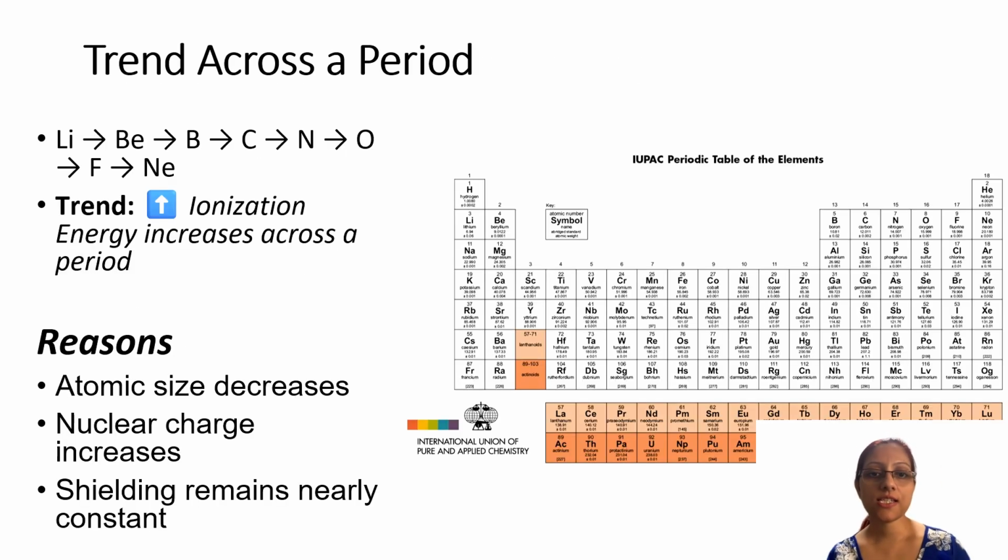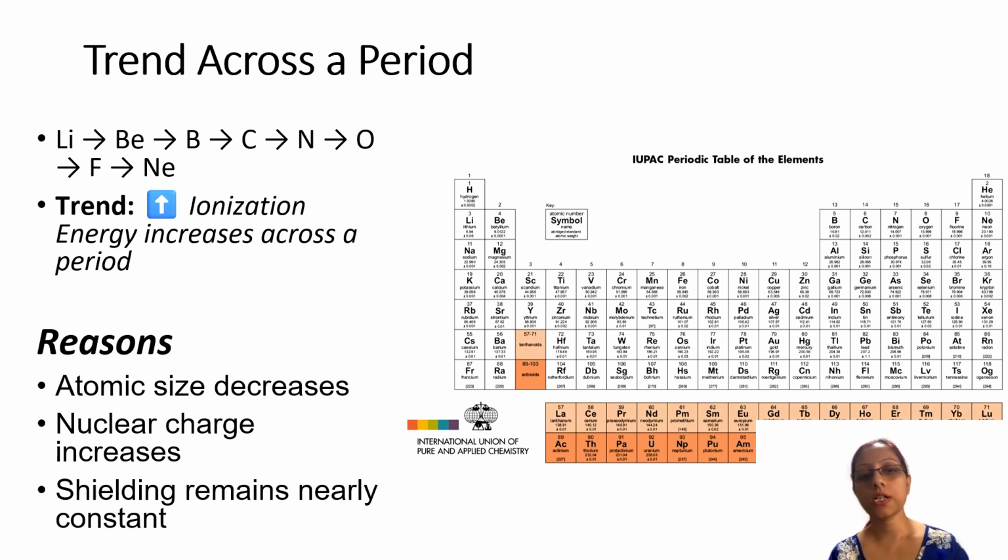Now let's see how ionization energy changes as we move across a period, that is from left to right. Here is an example of one period, the second period: lithium, beryllium, boron, carbon, nitrogen, oxygen, fluorine and neon. As we go across the period, the atomic number increases, meaning more protons are added to the nucleus, but at the same time electrons are added to the same shell and not a new one.